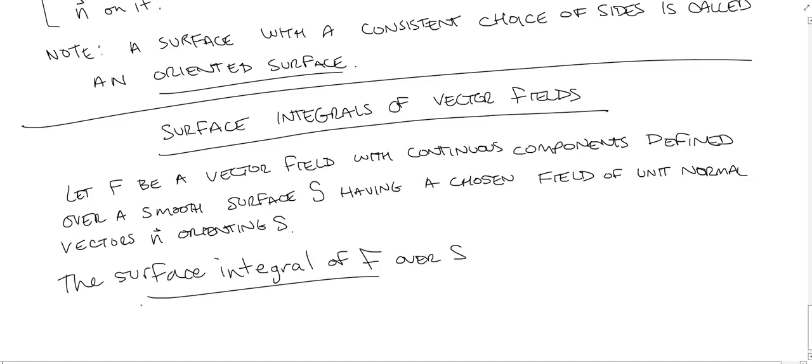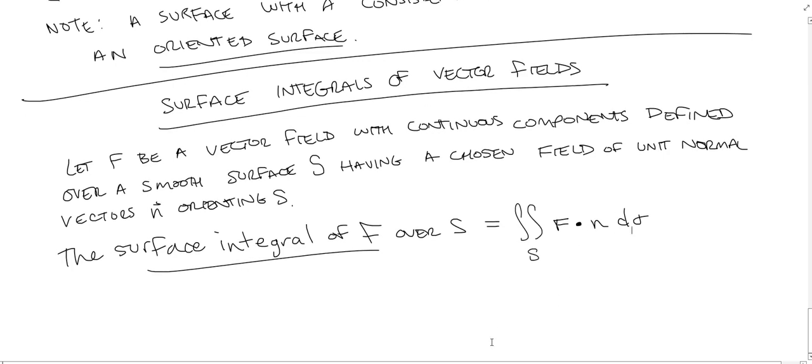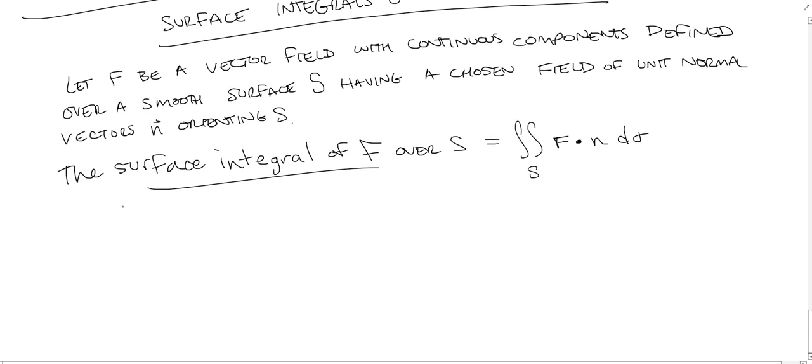The surface integral of F over S is equal to the double integral over the surface of F dotted with N d sigma. Remember, d sigma is our surface area differential. We actually have other versions of this, and what this could be representing is flux.